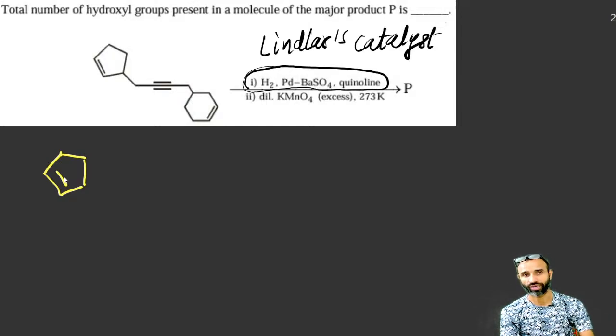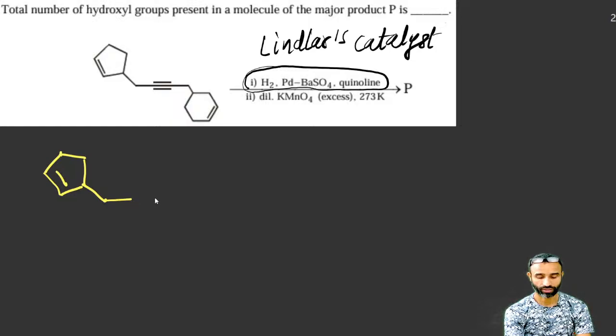Hydrogen is added, but because of barium sulfate and quinoline, the double bond will not be affected. Only the triple bond is reduced.